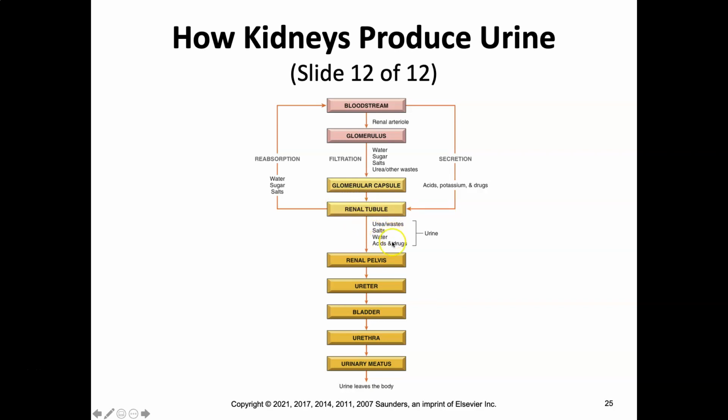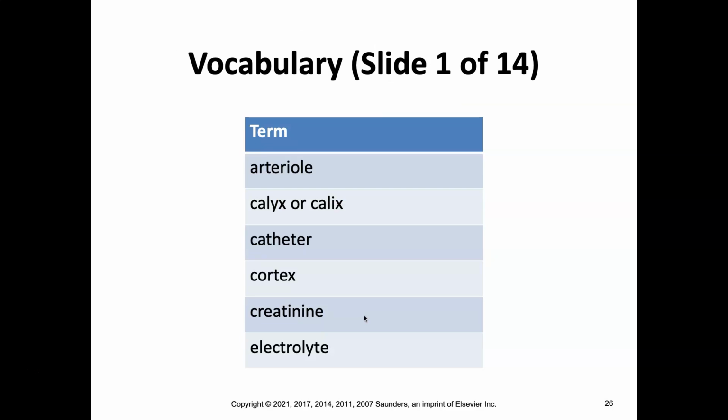It's urea and waste, salts, water, acids, and drugs. Those go through the renal pelvis to the ureter to be dumped into the bladder. And the bladder has both kidney ureters coming down into it. So the bladder is like a holding tank. And then your urethra is sort of like a hose from that holding tank to get rid of the urine, to move it to the outside of the body through whatever means that is.